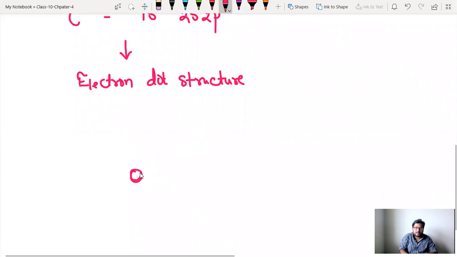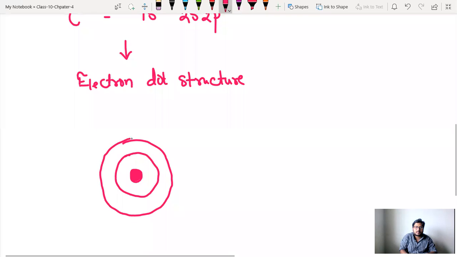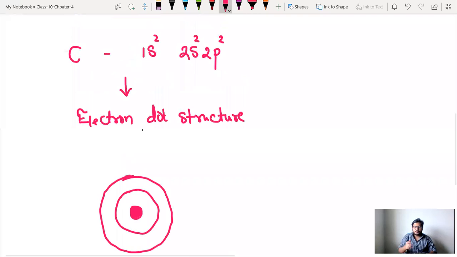This is nucleus and this is first orbit, this is second orbit, and how many electrons you need to represent. Just if you observe that electronic configuration, this one will represent orbit number, this 2 will represent electron count.